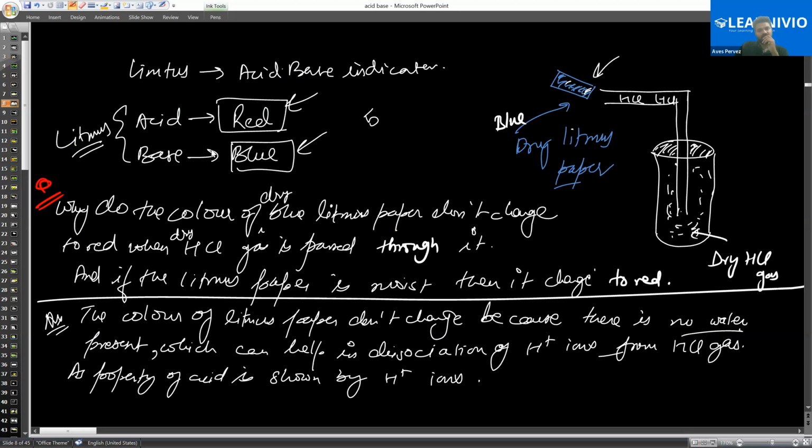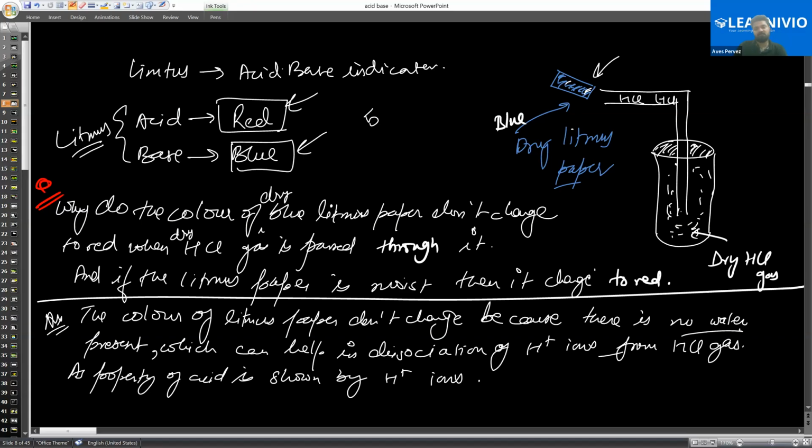There's a question that came in the examination: if we have dry HCl gas, meaning dry hydrochloric gas which does not have any content of water, and you pass it through blue litmus paper, blue litmus paper in an acidic medium changes to red. But if it is dry HCl gas and dry litmus paper, it will not change its color.